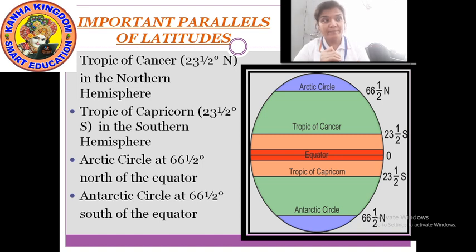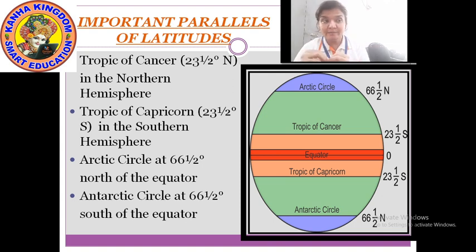Now Tropic of Cancer. Tropic of Cancer is 23.5 degree N. What is N? N indicates the northern hemisphere, towards the North Pole. So Tropic of Cancer is situated on 23.5 degree north.